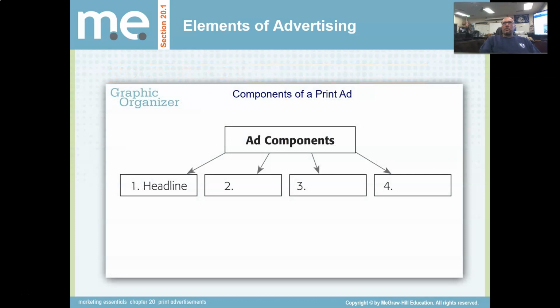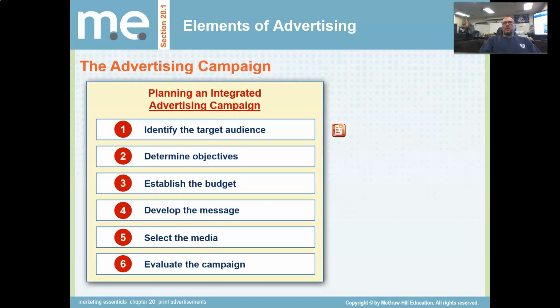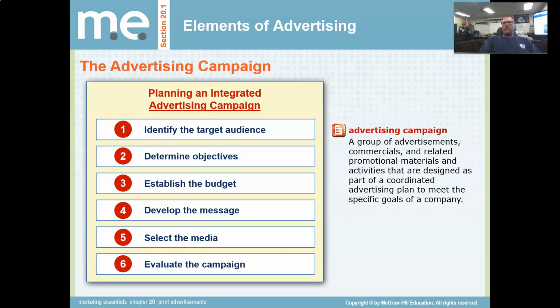The components of a print ad are your headline, your copy, your illustration, and your signature. In terms of an advertising campaign, when you're planning an integrated advertising campaign, those elements include identifying the target audience, determining your objectives, establishing the budget, developing the message, selecting the media, which is what type of ad it will be.